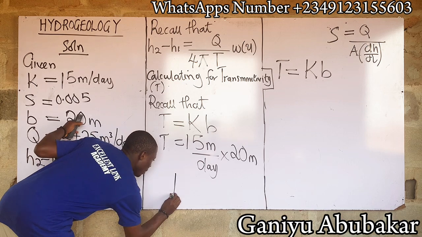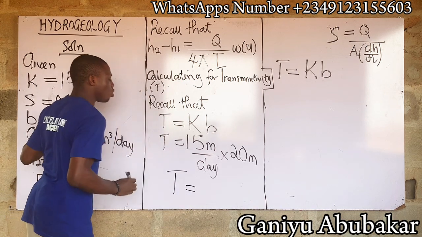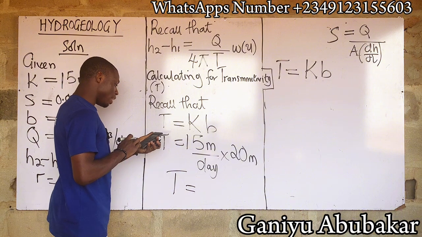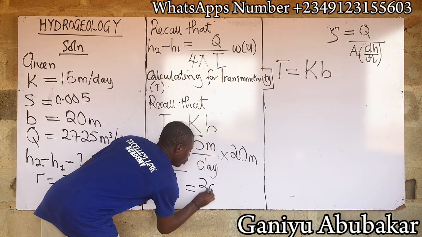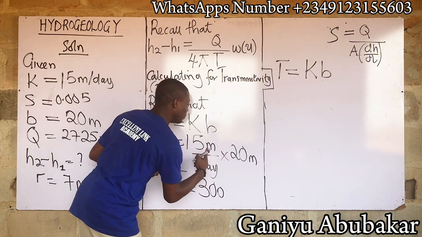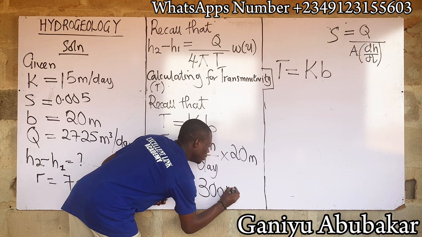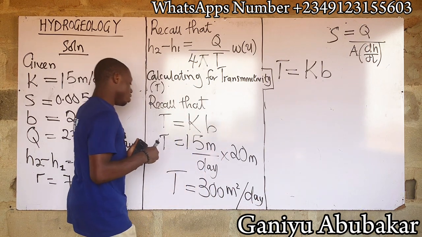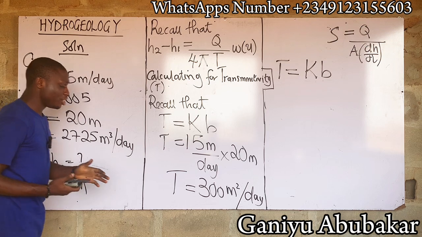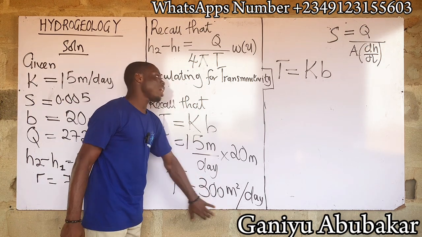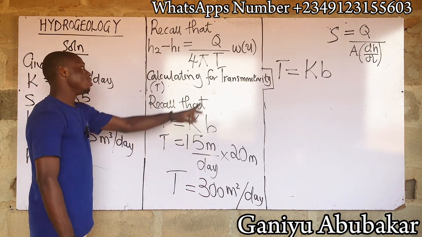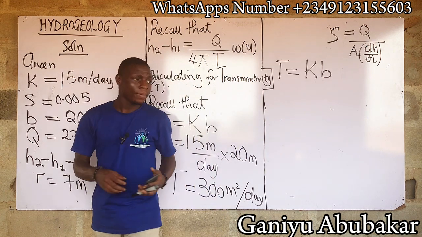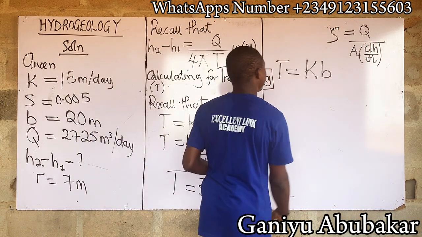From here, my transmissivity is equal to 15 times 20, which gives 300. By the way, meter times meter per day is meter square per day. So transmissivity is equal to 300 meters square per day. So I have this as my value for T here. Let's get U.